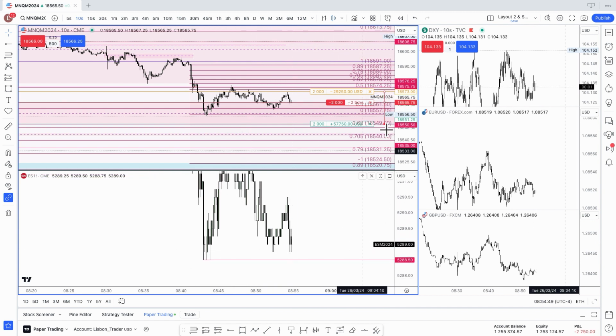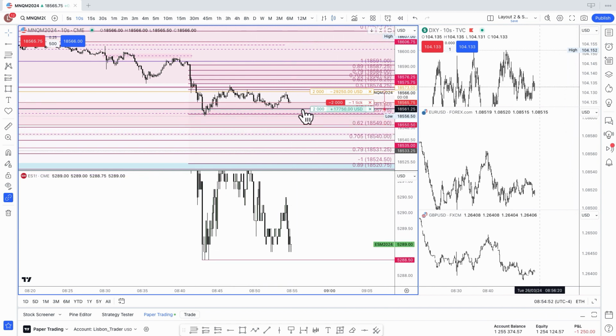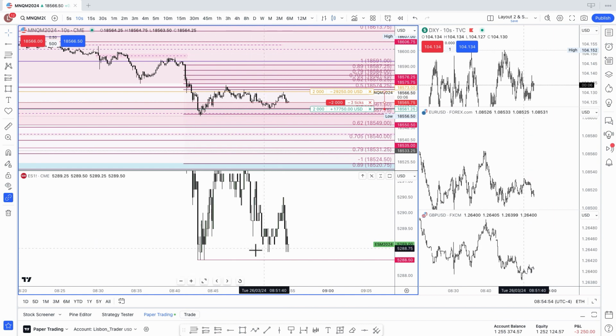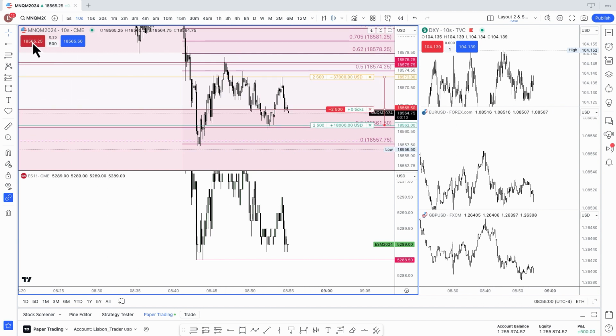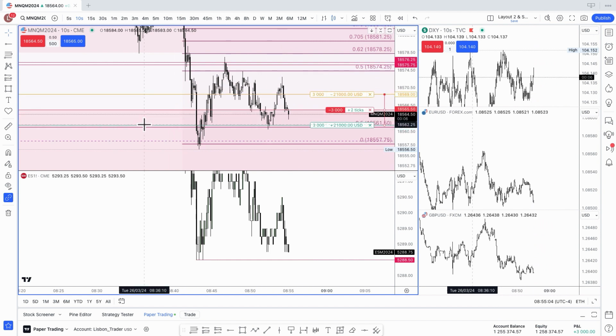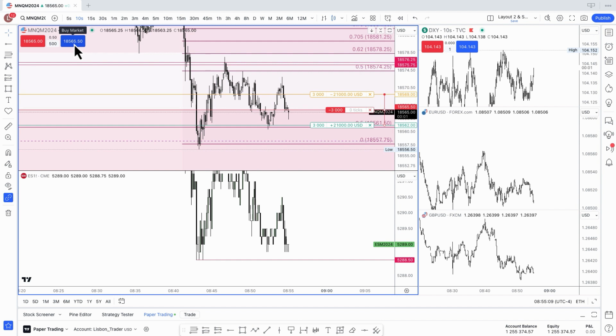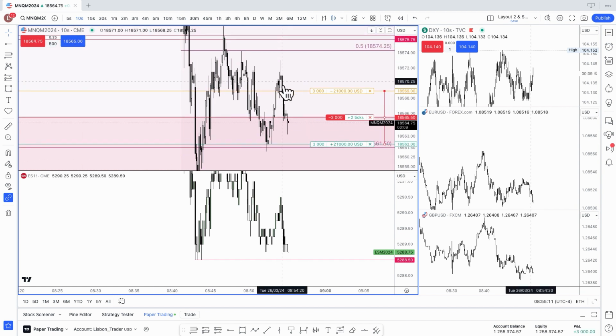So ES is the one that is doing it. ES takes this major low, while NQ will take only this one. Not yet there, there's still an imbalance.